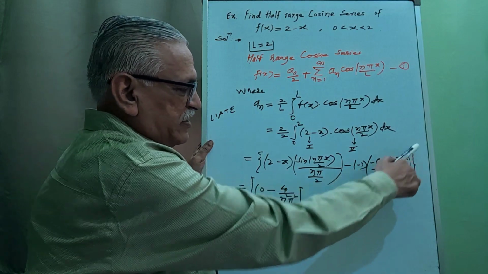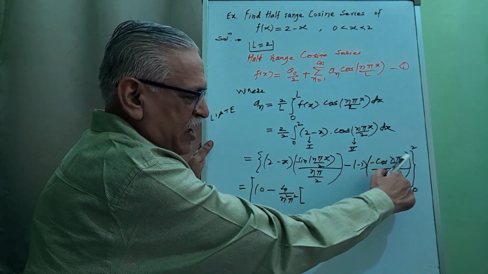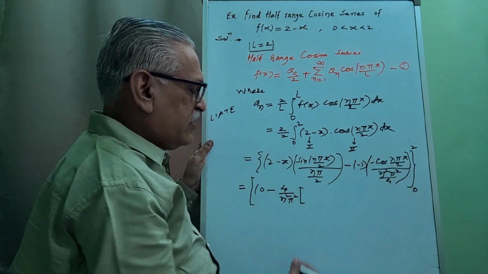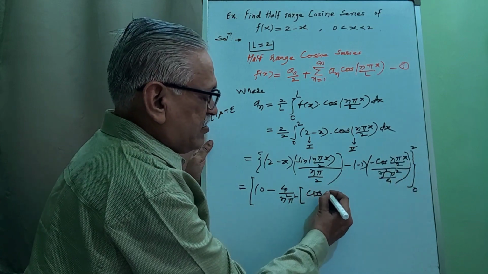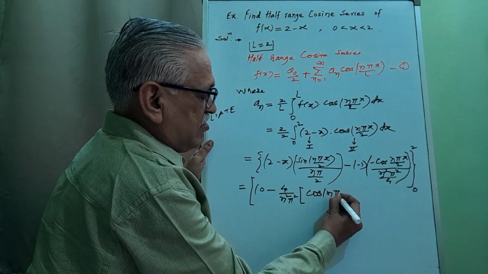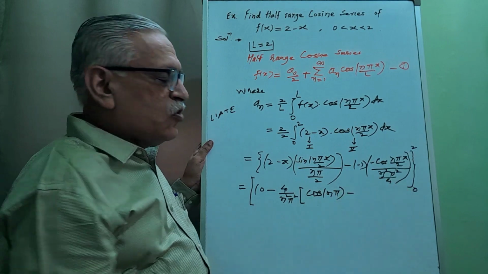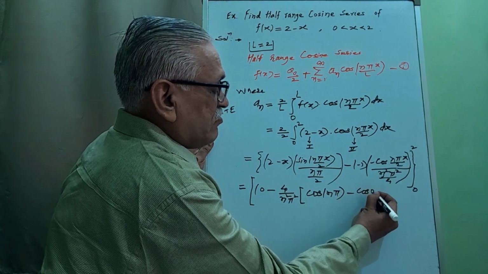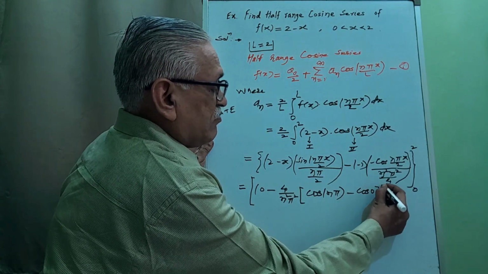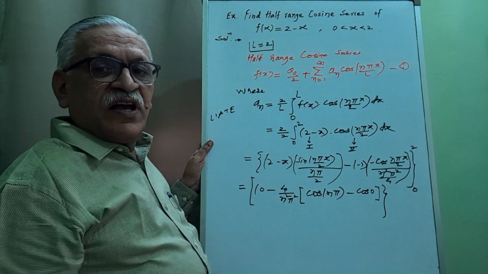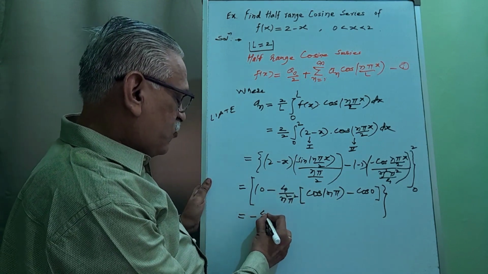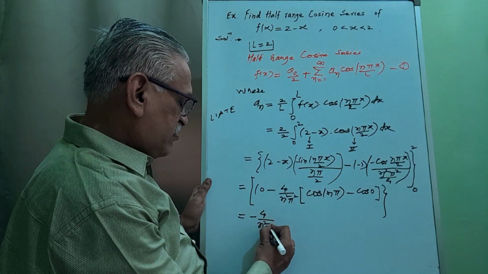For the upper limit, cos of n pi x by 2 with x equal to 2, the 2 cancels, becomes cos of n pi, and minus the lower limit, it is cos 0. Therefore we get minus 4 by n square pi square.